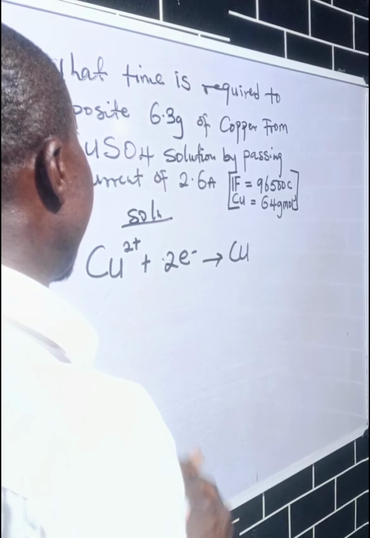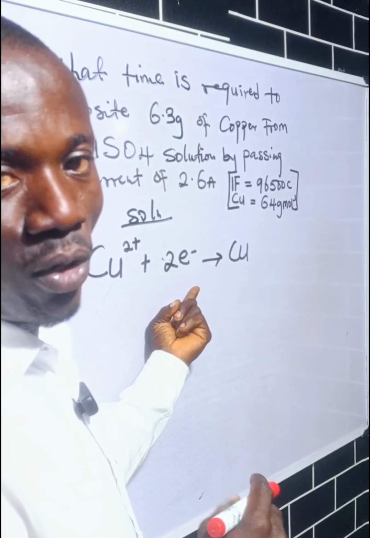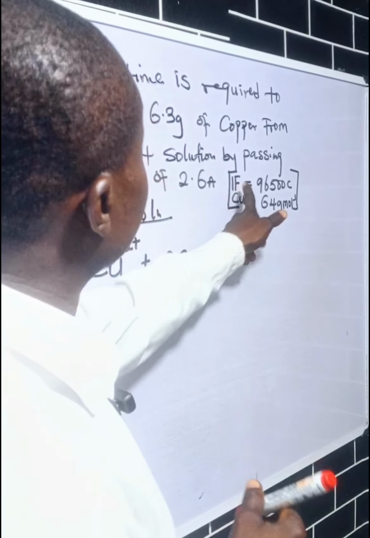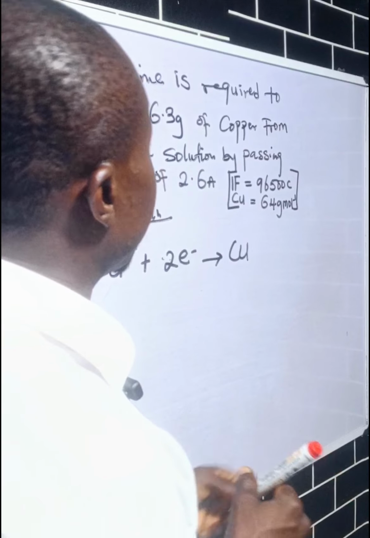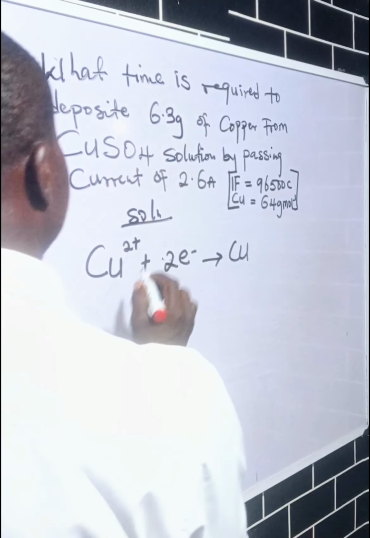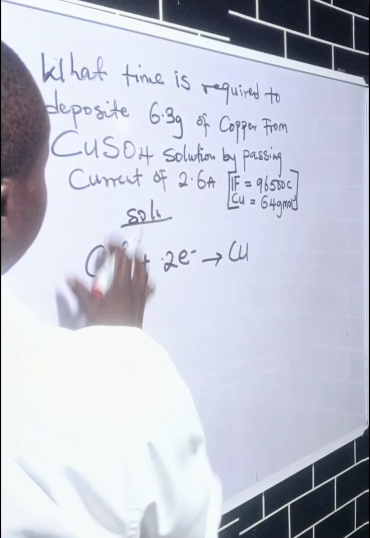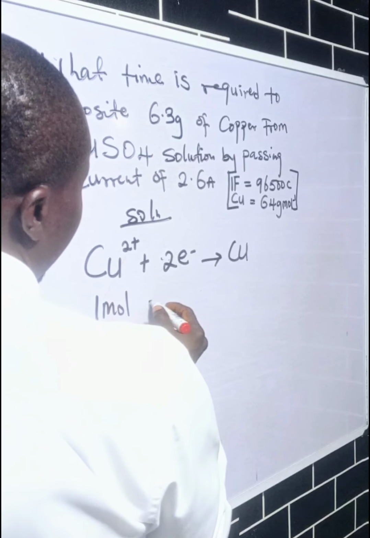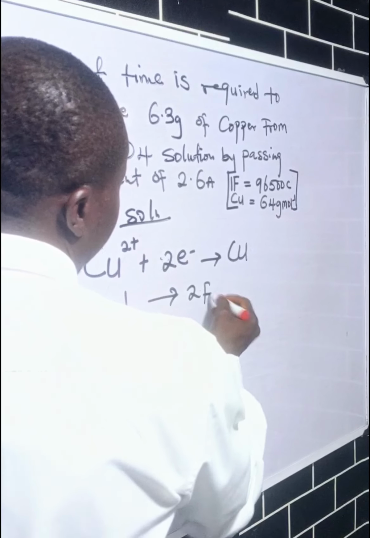Now, what it means is that 1 mole of copper requires 2 electrons. Then remember that they gave us that 1 Faraday is equal to 96,500 coulombs. So this 1 mole will give us 2 Faraday.